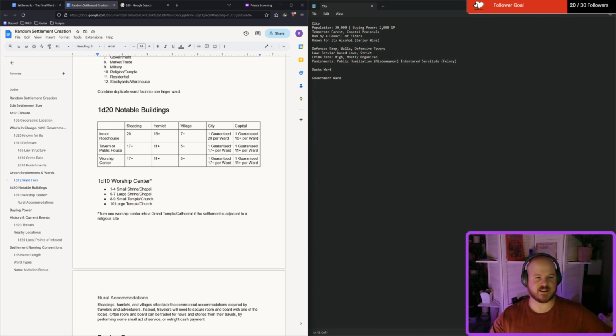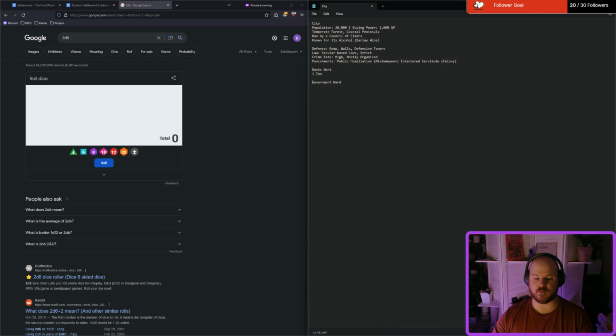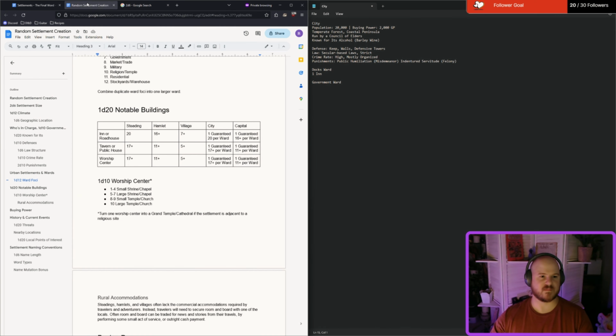So in a city, there's definitely one guaranteed. And then we'll just see if there are any extras. Alright, so I assume it would be in the docks area and not in the government ward area. So there's one inn. Guaranteed, right? A tavern or public house.